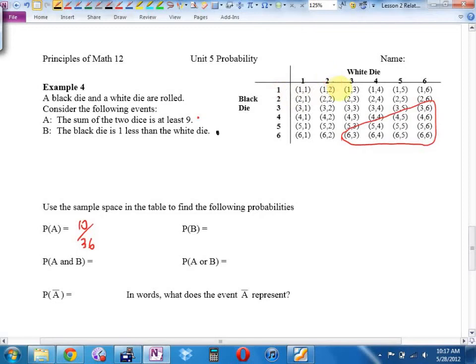So where the black die is 1 less than the white die is, I think that little diagonal right there, isn't it? Sabrina, how many? Out of? Yep.